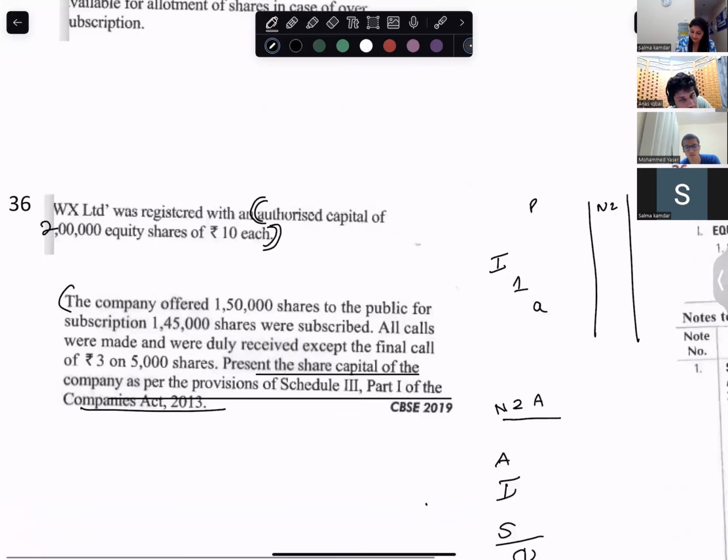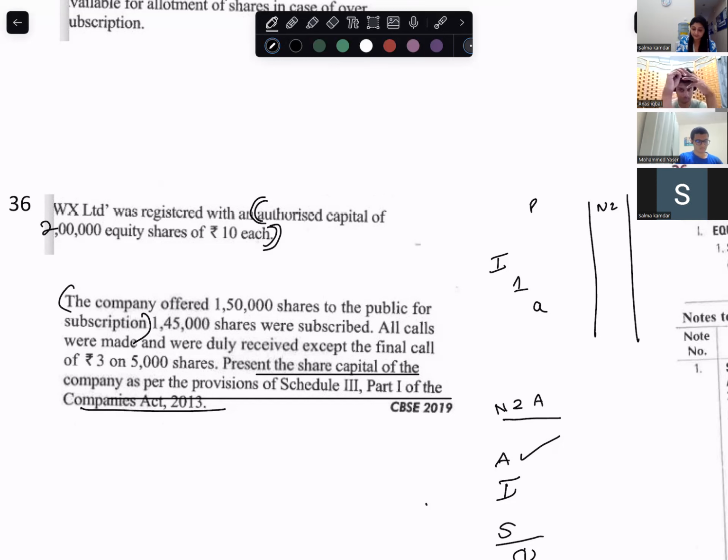Read the next part. The company offered 1,50,000 shares to the public for subscription. Where will this come? Under issued. What will you write? 1,50,000 equity shares of rupees 10 each.